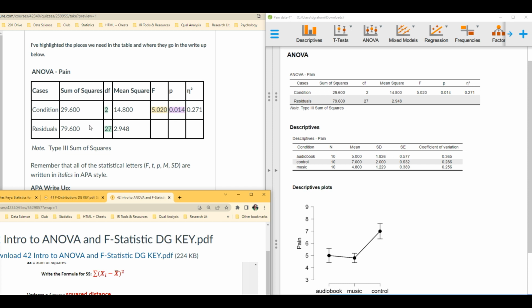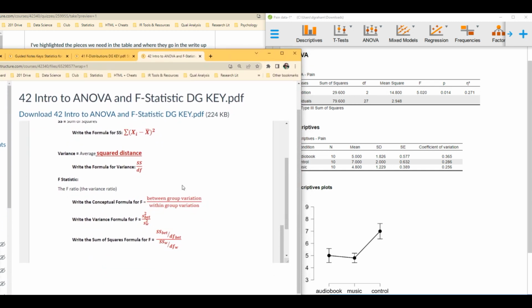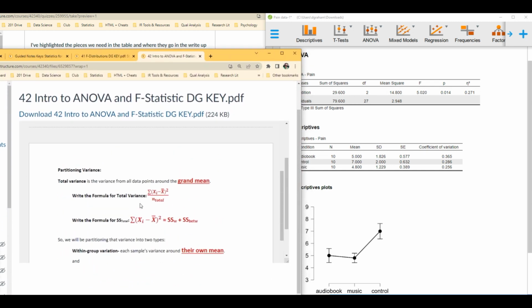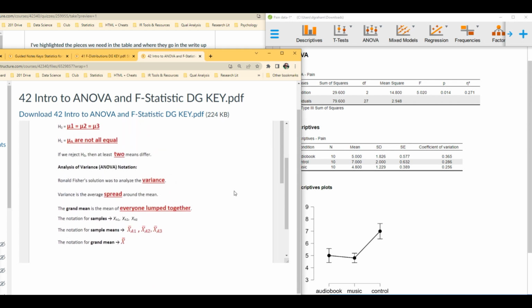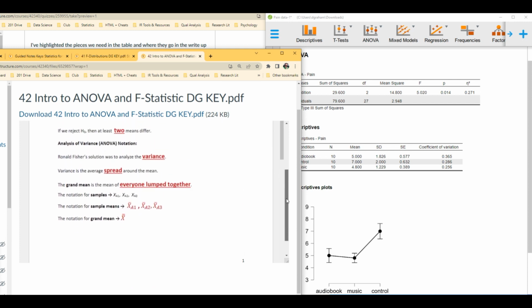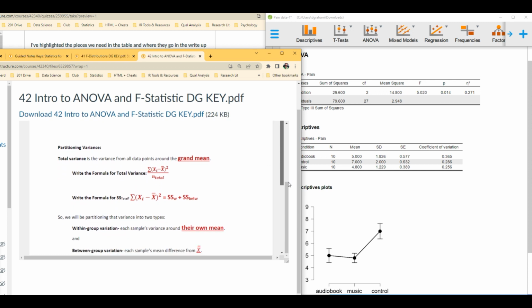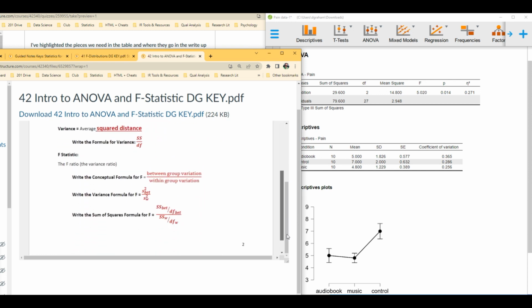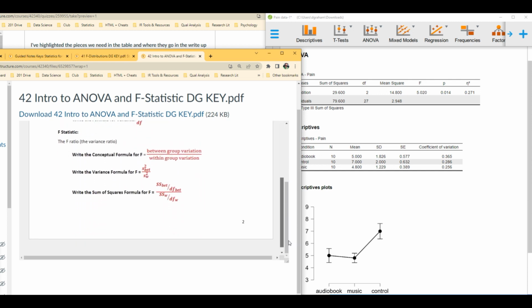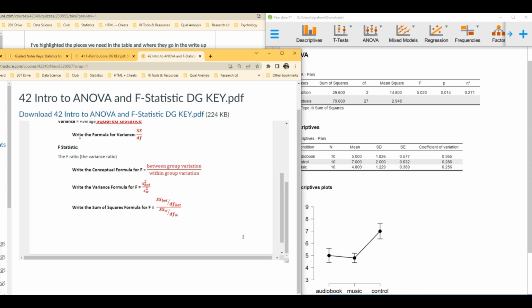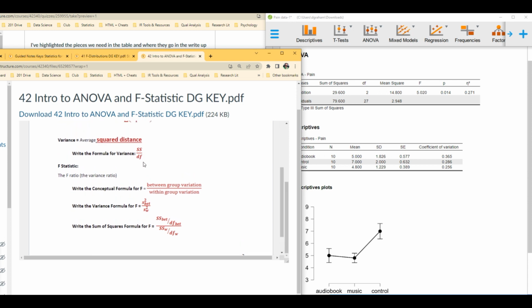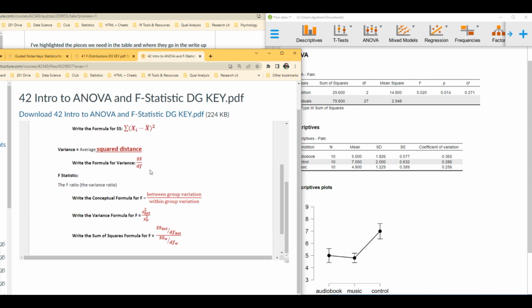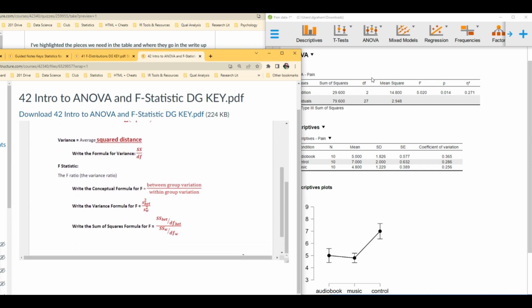We don't present the sum of squares or the mean square, but they're used as part of the calculation of F. We are dividing them to get to our value of F. So just to show you here, SS over DF gives us mean square.